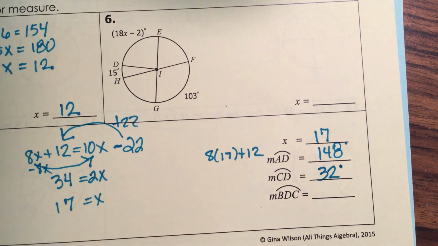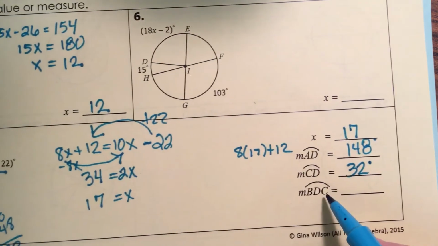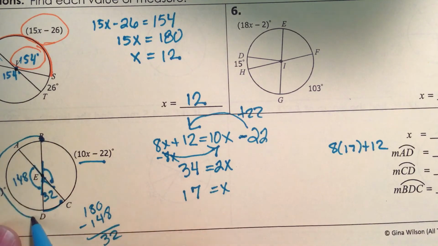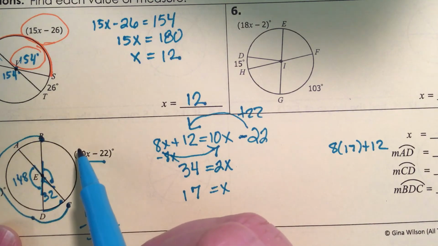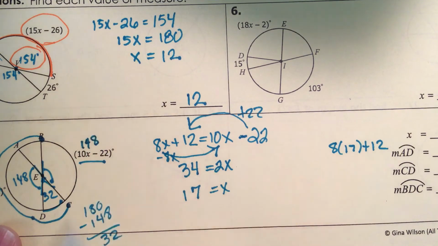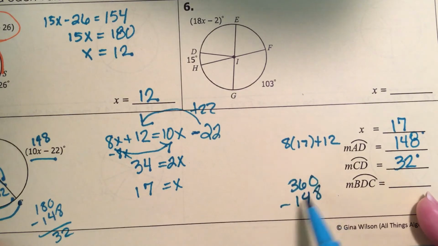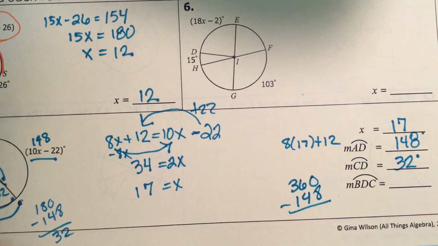And then from B to D to C, I'm following the letters, B, D, C. We already know that this one is 148. So basically I'm simply saying 360 minus 148 gives us 212.